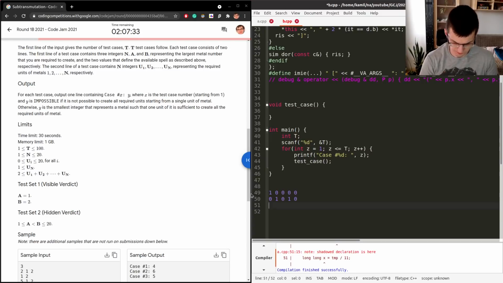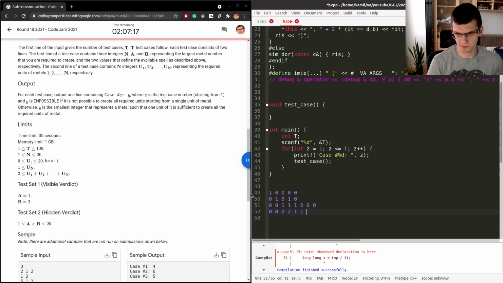Now, either I leave this one, or if I don't leave it, then I create that. Then again, I can leave this unit, or I can use it. Now I'm looking at this one.